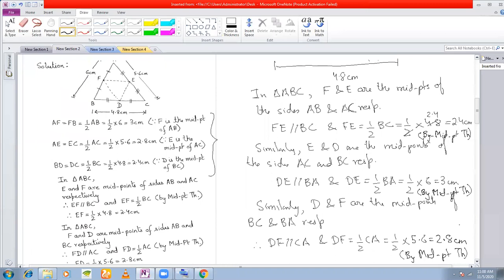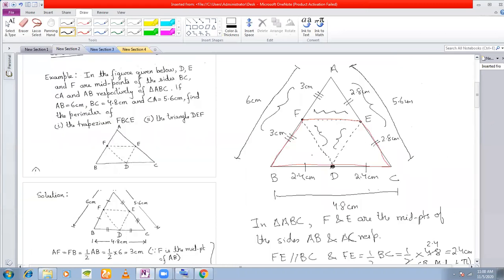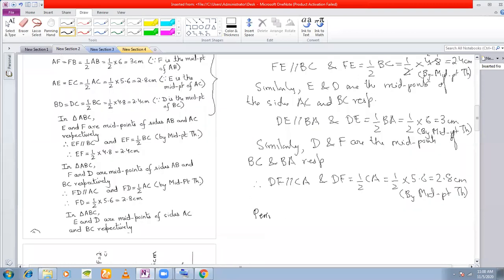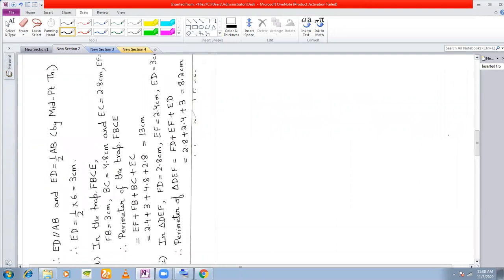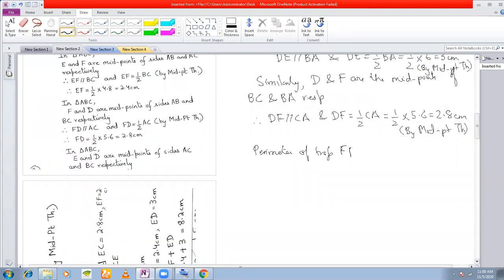So now have you got all the lengths or not? Can you find out the perimeter of this trapezium? What is the trapezium here? FBC, the red one that I have marked.